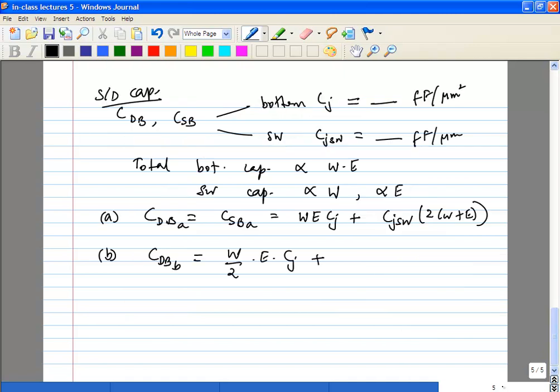Plus, how about the sidewall component? Again, the perimeter times Cj SW.